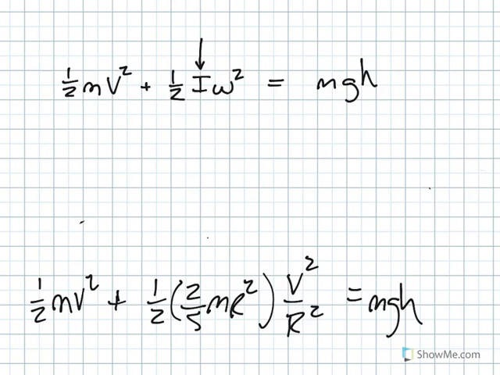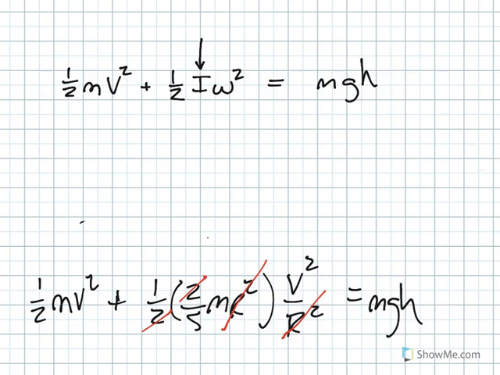Now, what are we going to do with this? We're going to cancel a whole ton of stuff, of course. Let's see, what can we cancel? How about this 2 can cancel that 2. And then, ooh, check it out. R squared, that makes this r squared go away.